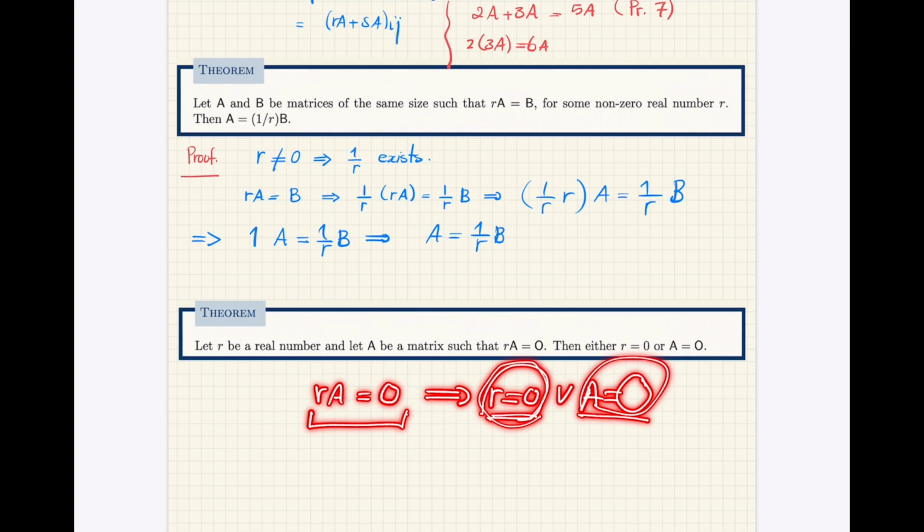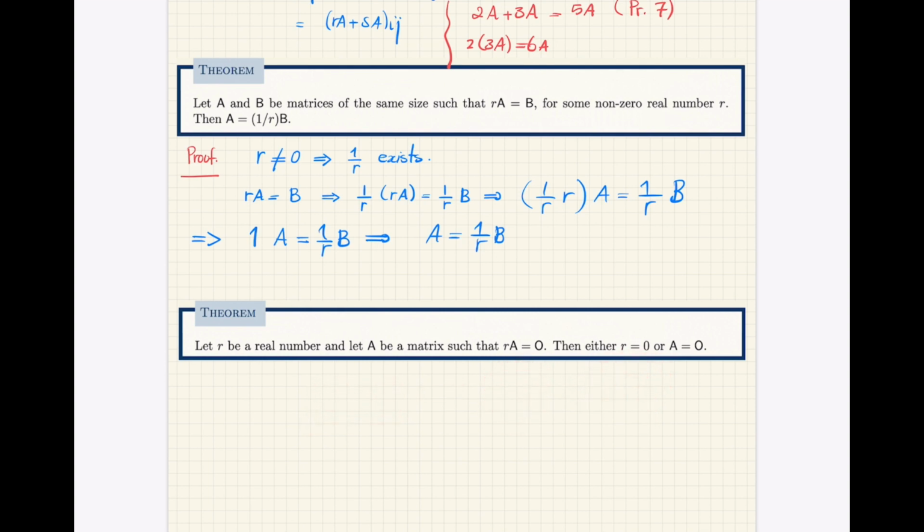Yes. So can you translate it in the language of logic, by the way? We want to show that a statement, let me write it with a different color. We want to show a statement P implies a statement Q or statement R. What I claimed here is that this implication is equivalent to saying what?